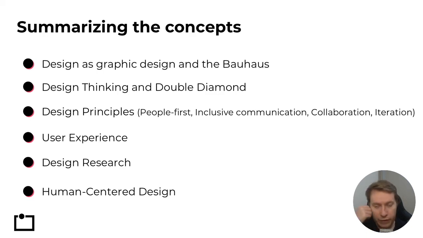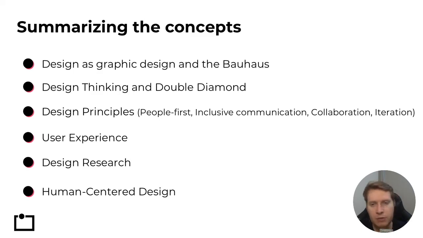But we've also seen how the Bauhaus changed the view of design, the usage of design through history. So we not only have design as an art piece, but also design mixed together with architecture and manufacturing, and that allowed us to create products at large scale.